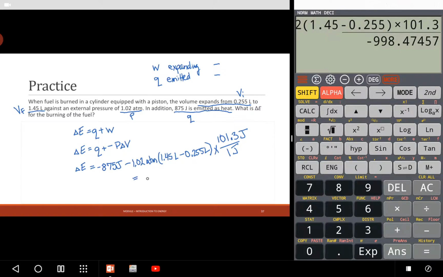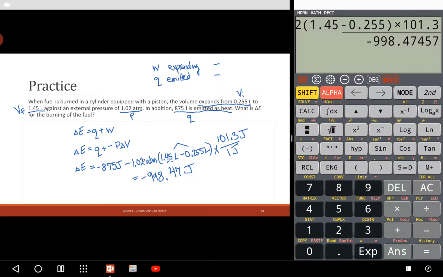And so that gives us a value of negative 998.47 joules. And then we have to figure out our sig figs. The subtraction here will result in 2 after the decimal point, but this 1 will still be here. That will give us a total of 3 sig figs from there.